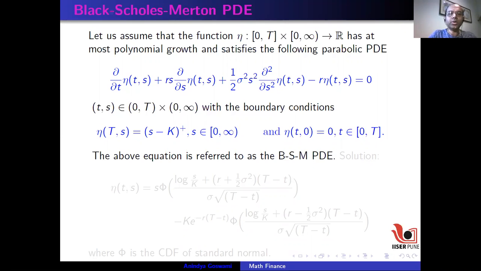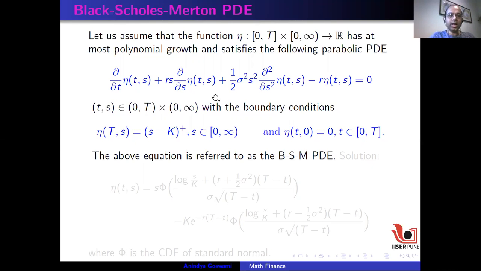The reason I would like to avoid it in the beginning is that it gives lots of ambiguity in an incomplete market. Why? Because there are lots of equivalent martingale measures. The class of equivalent martingale measures is not a singleton. So we are not taking that part. For the time being, just I mean.